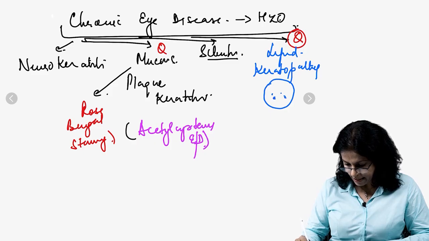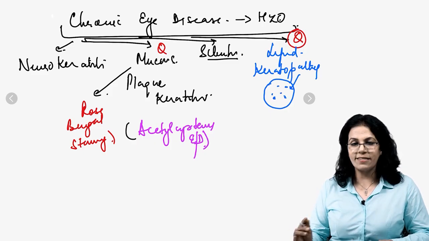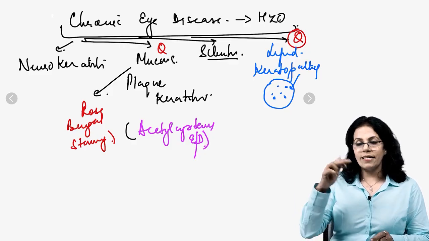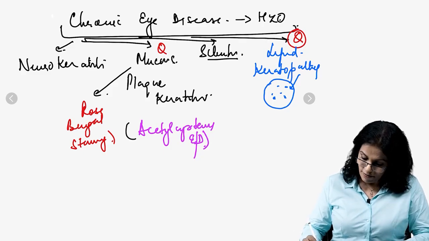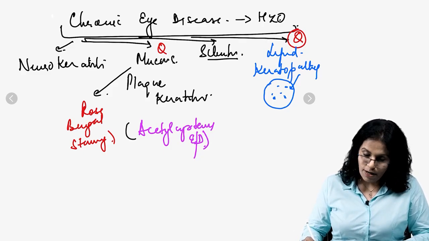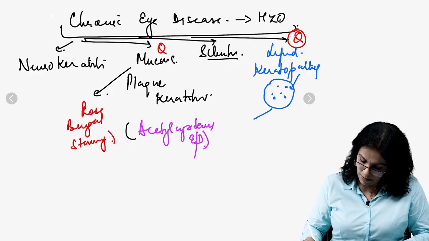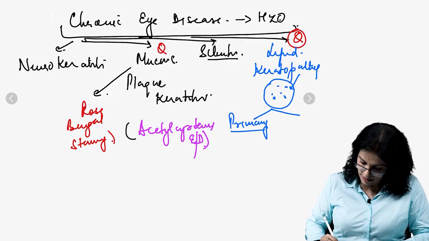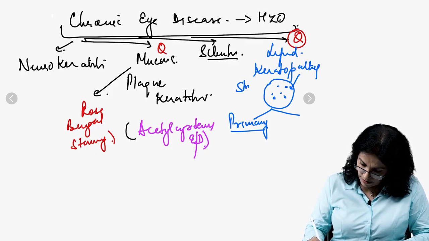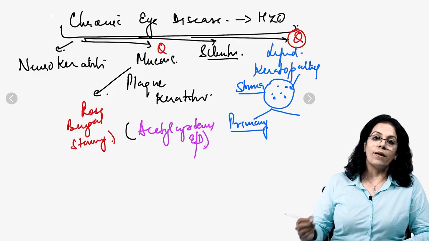Something like this, right? Why am I specifying this? Because this is not arcus. Arcus senilis is different. We will talk about it. So, this lipid keratopathy, which is irregular deposition of lipids on the cornea, can either be primary or secondary. Primary means we do not know the cause. And where is this deposition? Again, answer is same. Deposition is in stroma. Okay. So, either it is primary or secondary.